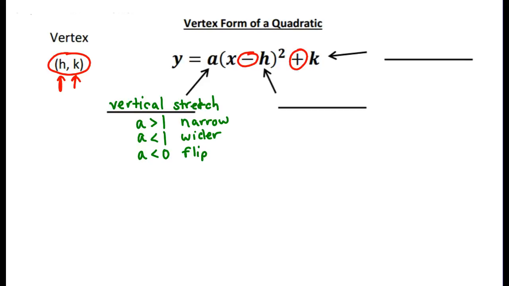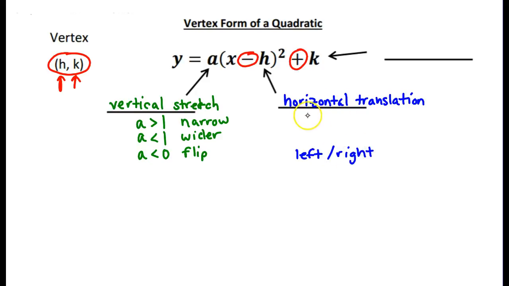H is going to represent your horizontal translation. Remember, your horizontal translation is going to be movement in the left or right direction.